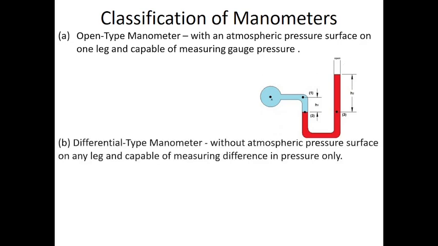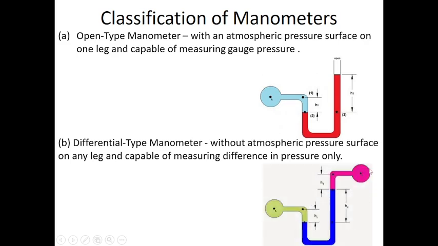So there's another type of manometer called the differential type. This is without atmospheric pressure surface on any leg of the manometer and capable of measuring difference in pressure only, just like this.